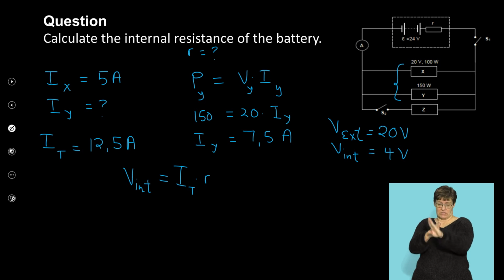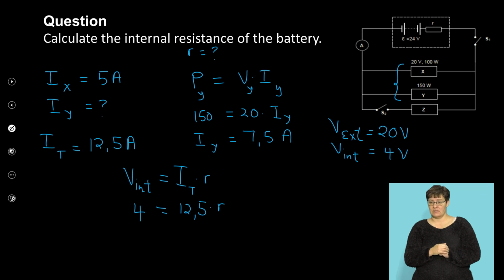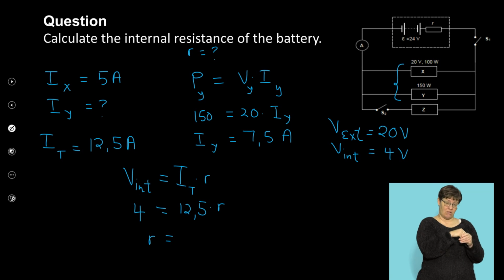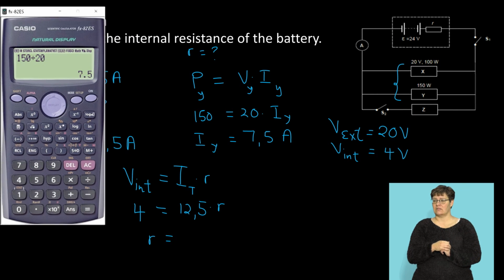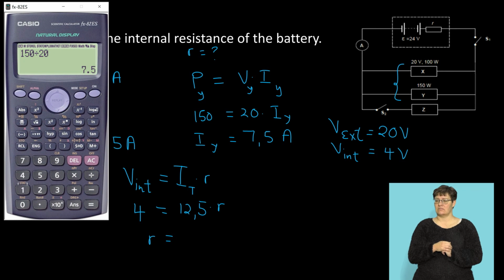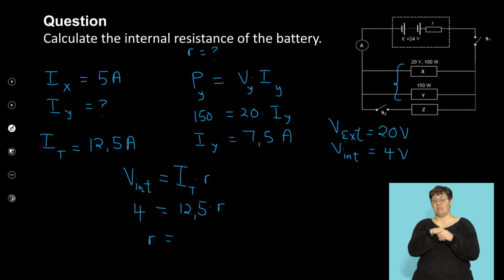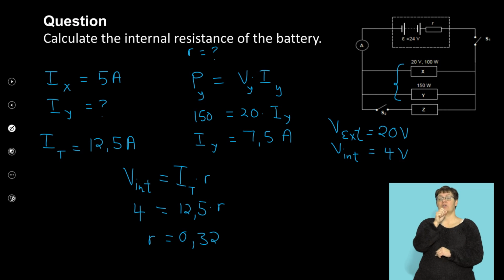So V internal is 4 volts, and the total current in the circuit is 12.5 amperes multiplied by R. So R, the internal resistance of the battery, is 4 divided by 12.5, which gives us 0.32 ohms.